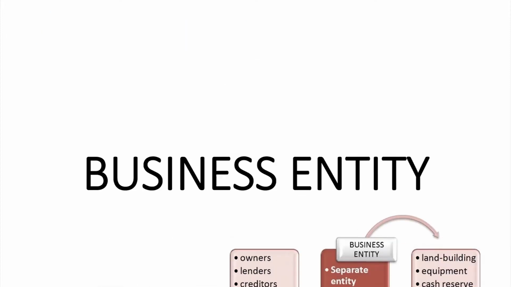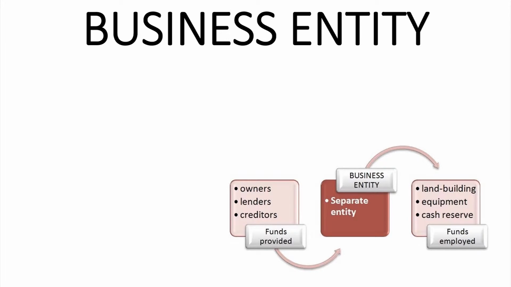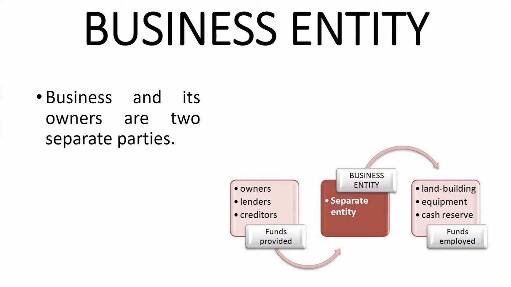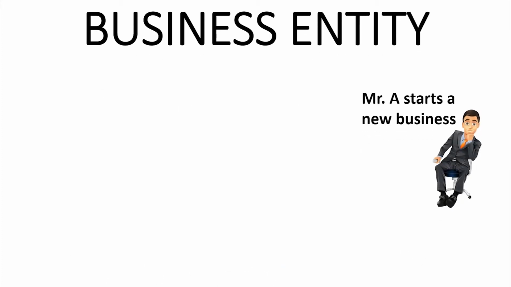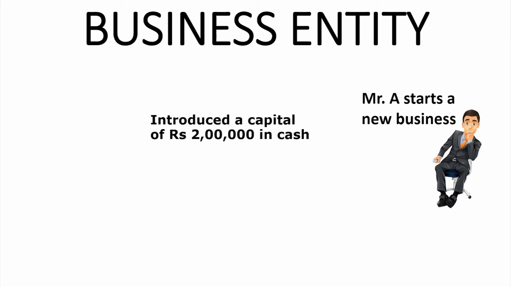First is business entity. According to this concept, the business and its owner are two separate legal entities. Any private and personal incomes and expenses of the owner should not be treated as the incomes and expenses of the business. For example, Mr. A starts a new business, Messrs. Independent Trading Company, and introduced a capital of $2 lakh in cash.